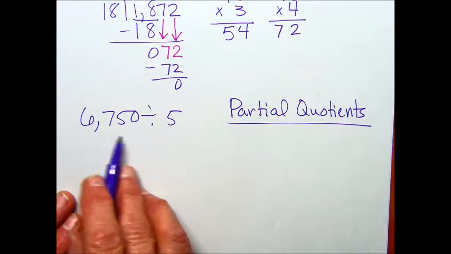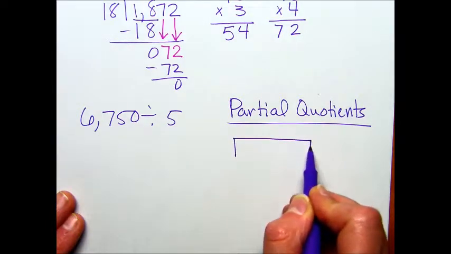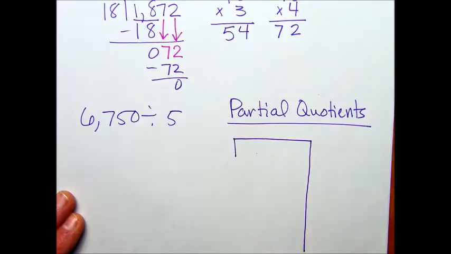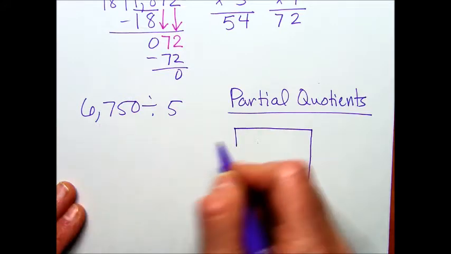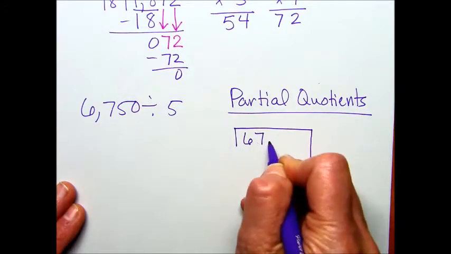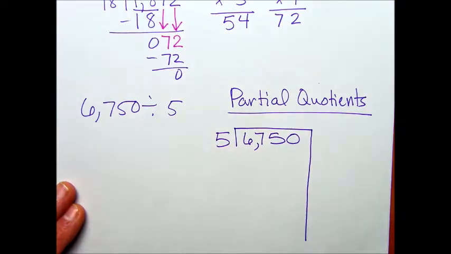So again, I'm going to go ahead and set it up, but my division sign is going to look a little different. It's kind of going to go down, kind of like a hangman. And this dividend will again go under here, and then the divisor on the outside.